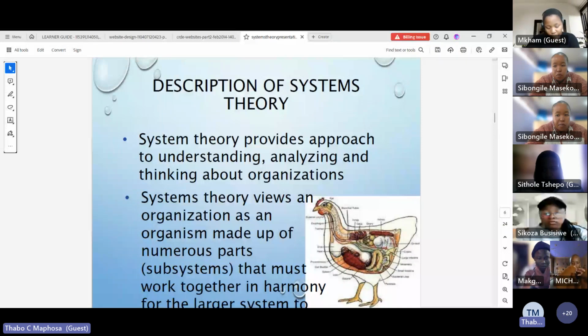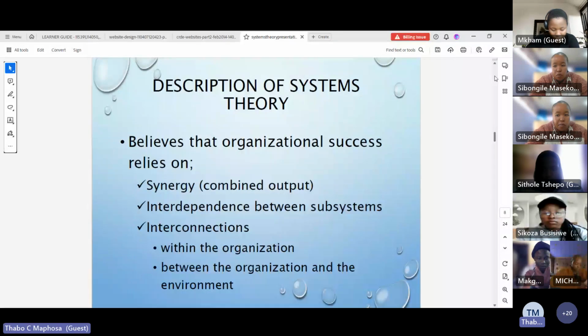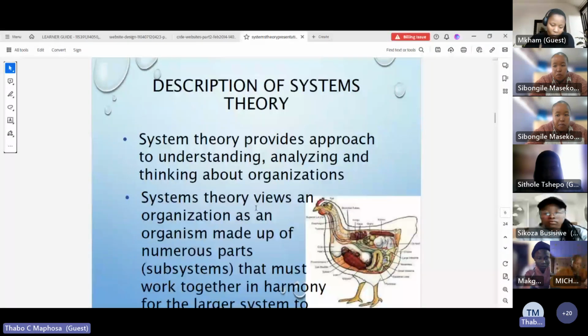It views an organization as an organism that is made up of numerous parts, or subsystems, that must work together in harmony for the larger system to actually function. So that is how he actually fancied the system to be.